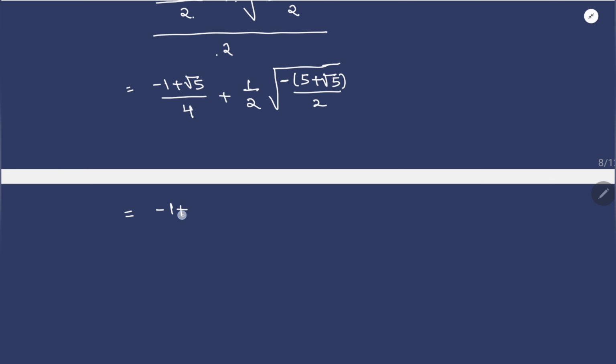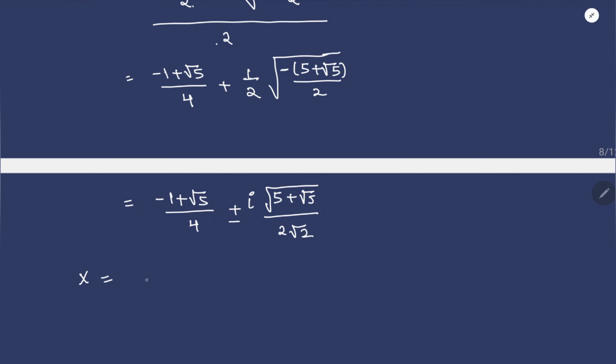So this is (-1 + √5)/4 plus iota under root of (5 + √5)/2, by root 2. So this is the first root, and the second root will be minus of this, and the other two values of x will be (-1 - √5)/4 plus minus iota under root of (5 - √5)/2, by root 2. So we have 4 values, 2 of these values and 2 of these values.